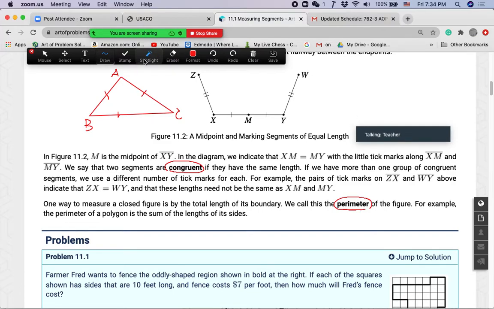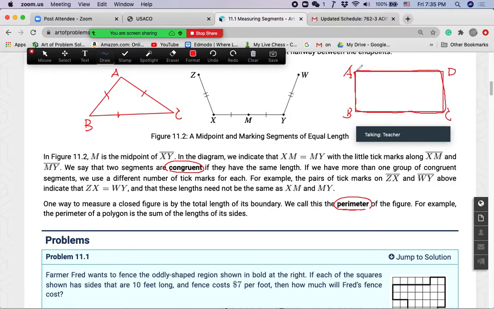Suppose you have a rectangle like this. Then this is also a closed shape, right? This one is A, B, C, D. If you start from A, you can go counterclockwise, this way, right?